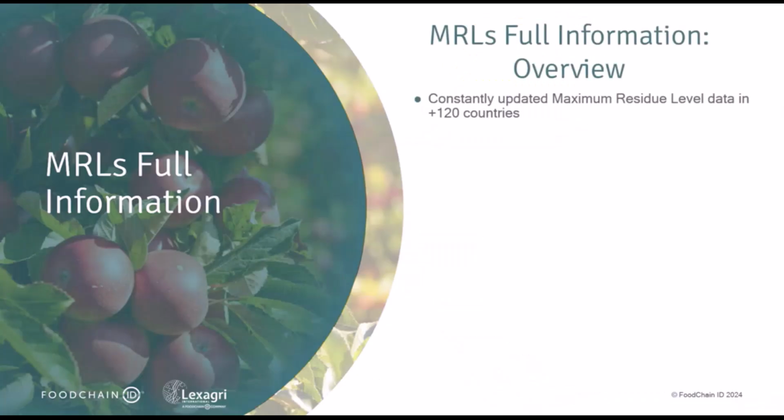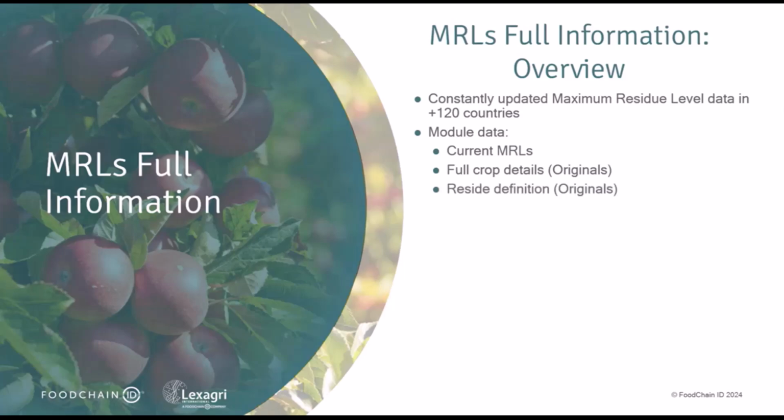MRLs full information offers constantly updated MRLs information from more than 120 countries globally, including current MRLs, full crop details, including the crop originals, as they are mentioned in the original legislations. Specific residue definition, again, including all those originals as mentioned literally in the original legislations.